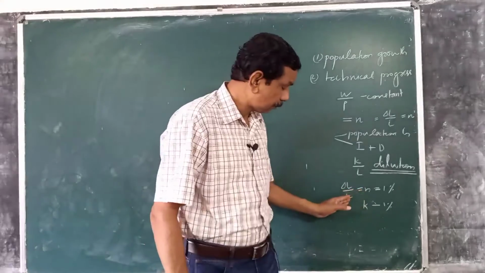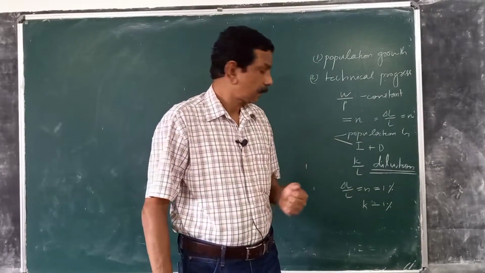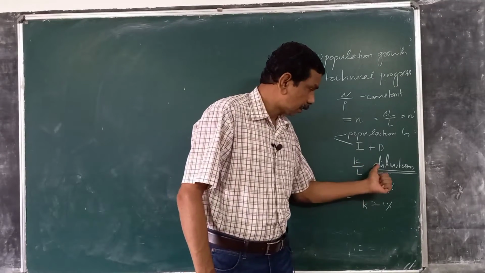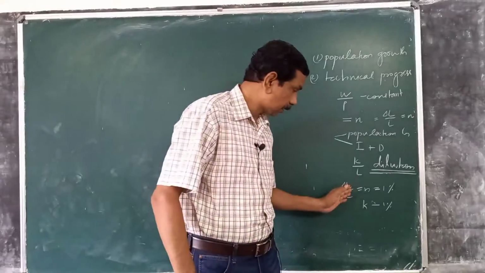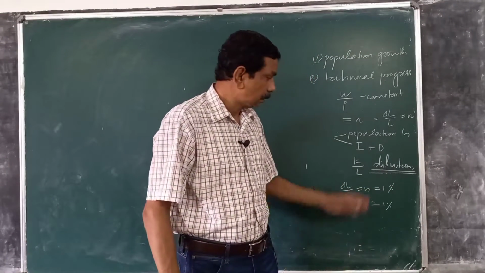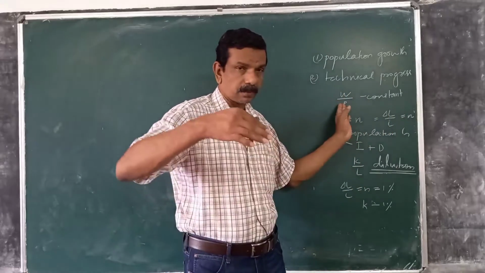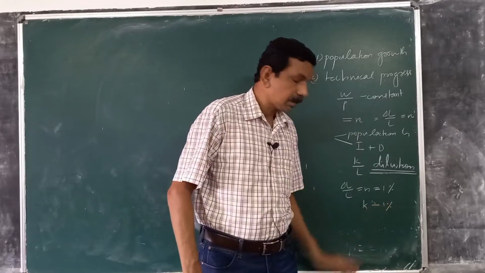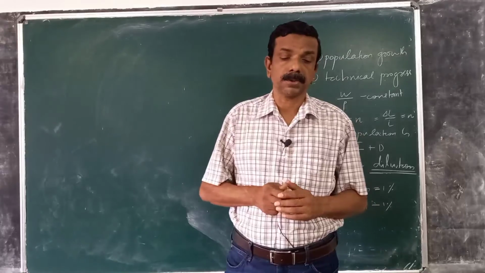If capital is not growing, then K by L will decline, capital dilution will take place. So, if n is growing at 1% and assuming that the ratio of workers to population is constant, a 1% increase in the machines is required to keep the capital-labor ratio constant.